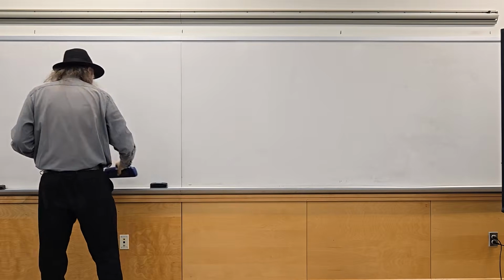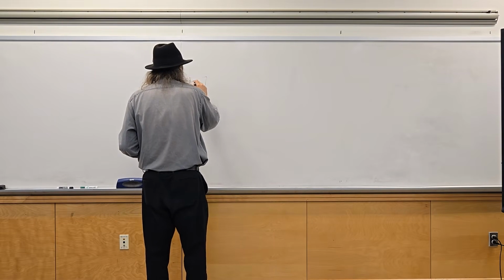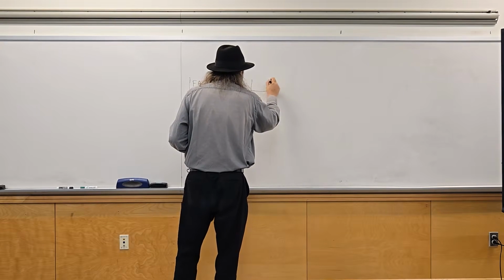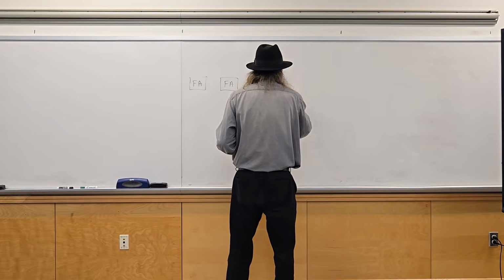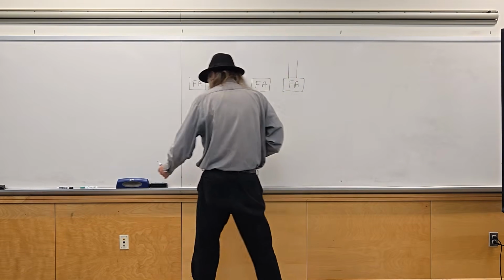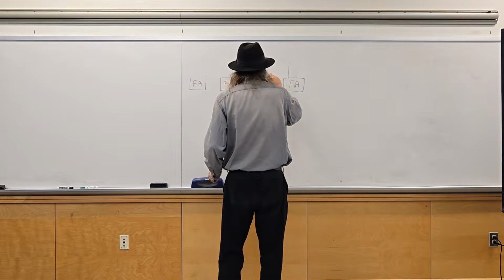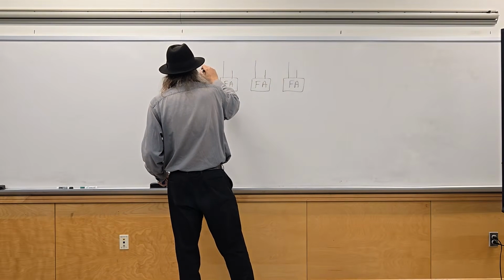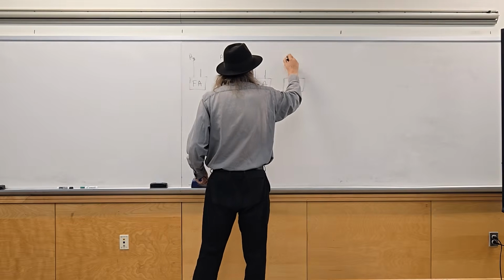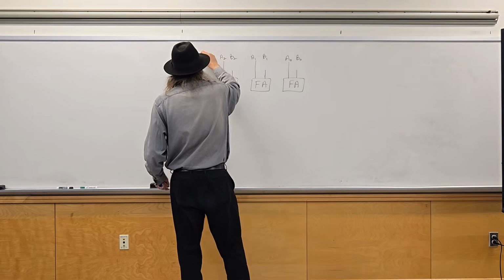So when you have a sequence of full adders, let's say 4 bits, and you have A3, A2, A1, A0, B0, B1, B2, and B3.